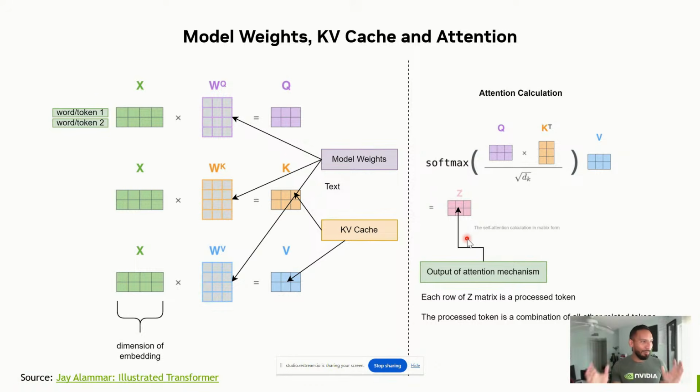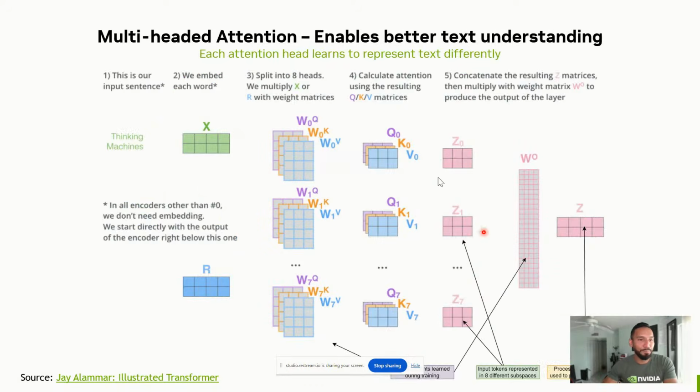I'm going to show you a more complicated slide, but hopefully it'll transfer over. Once again, I have this sentence, thinking machines. This is taken directly from Jay Alammar's tutorial, so definitely go through it. I embed the word. Remember, I'm just converting it into some vector representation. And from there, I'm doing this matrix multiply with each of these attention heads, so remember this Q, K, and V matrix.